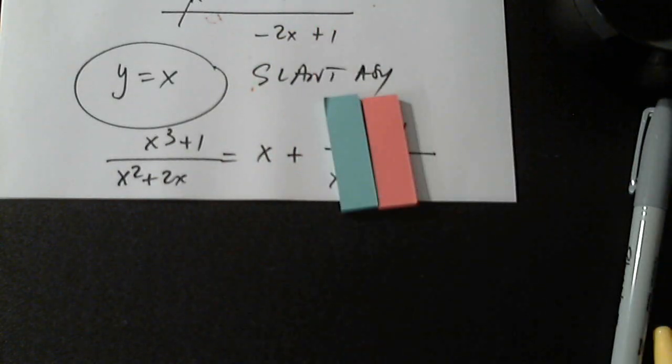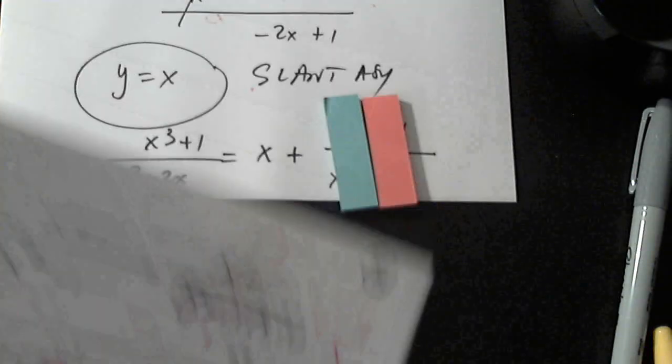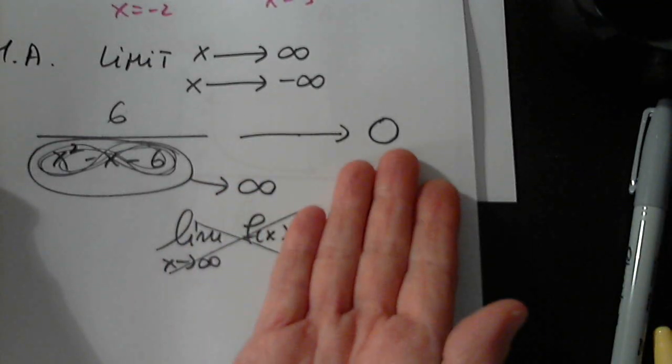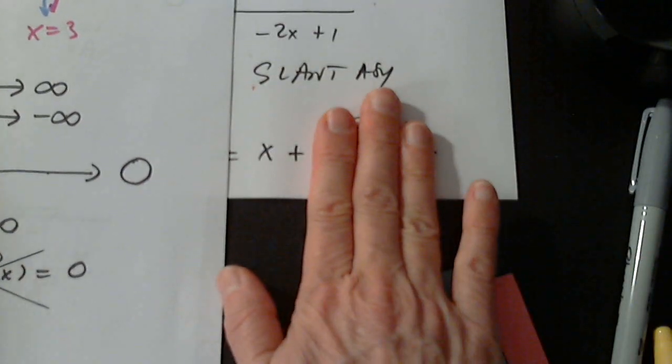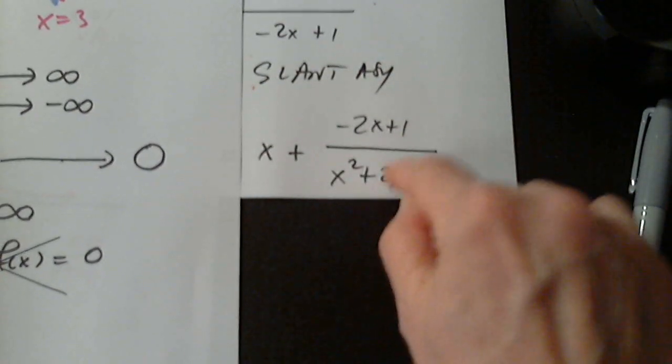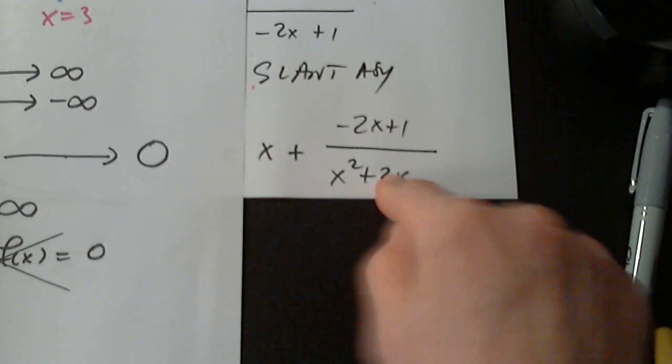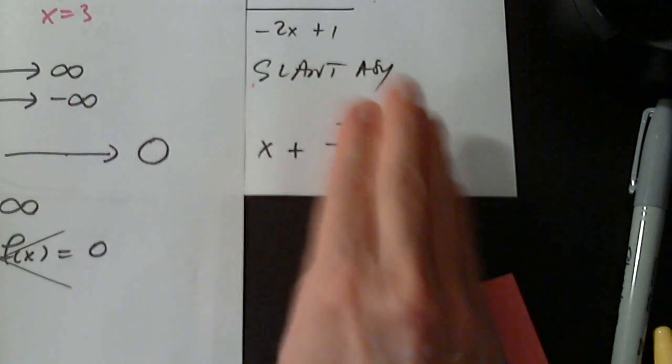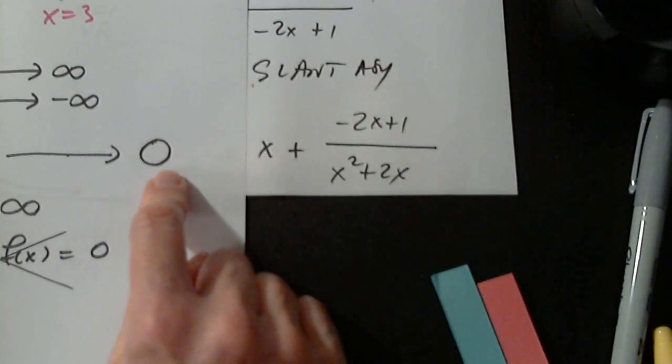For the same reason I explained a minute ago. Maybe not a minute ago, maybe more than a minute ago. Let me see. This piece goes to 0. How come? Because it's more powerful in the denominator. So when x approaches infinity, this piece goes to 0.